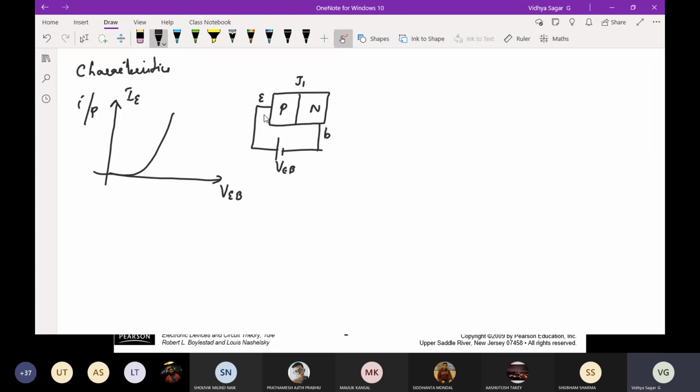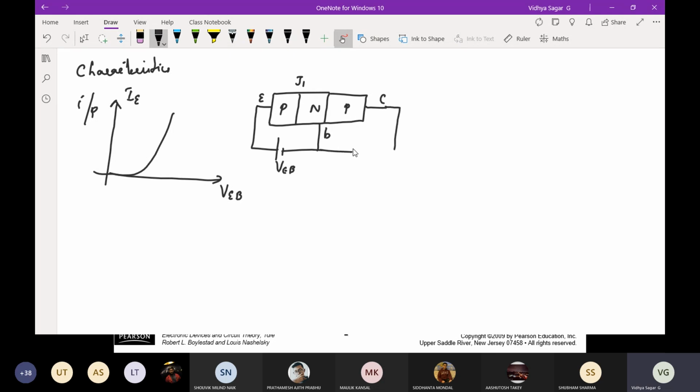So it is a PN junction diode, emitter to base, which is nothing but holes and electrons. Here I could see that the current is increasing after your cut-in voltage. Is that clear? Now what will be your output? I have another region also here, right? Called the collector region. Now let us take this potential also.